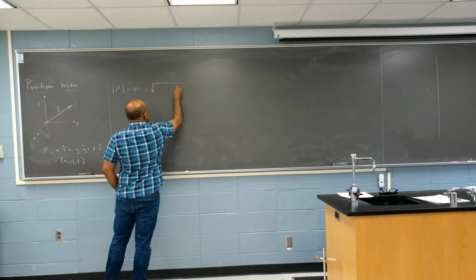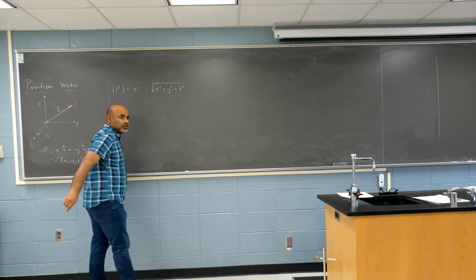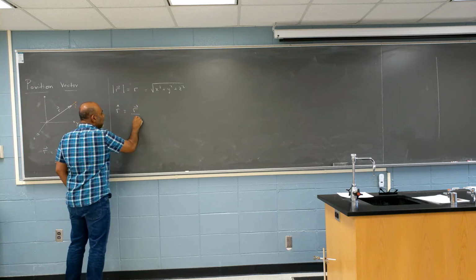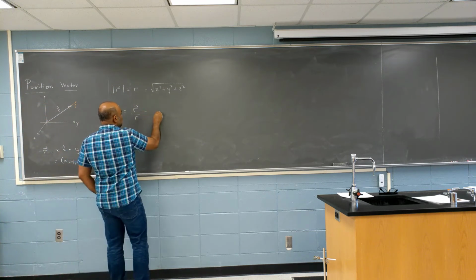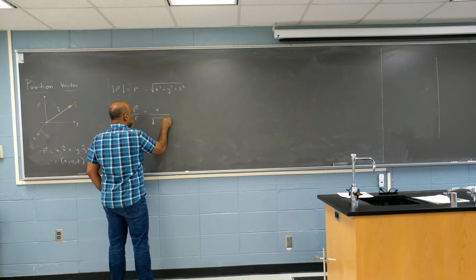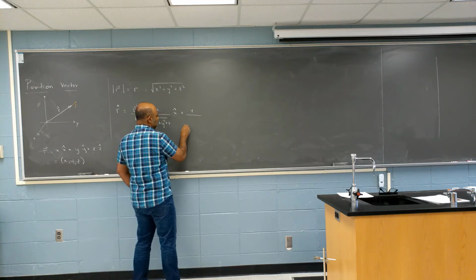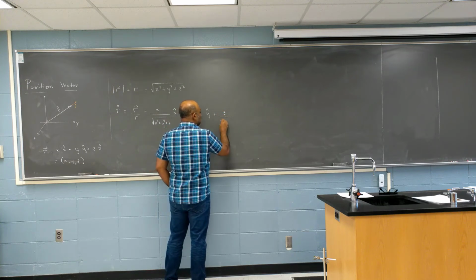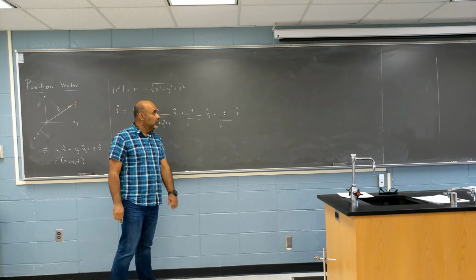If you're saying that very quickly, you guys do know what's going on. So, R hat is nothing more than R divided by the magnitude of R. So it is x over the square root of x squared plus y squared plus z squared, x hat, plus y over, because it's long and I'm also lazy, y hat, plus z over the same, z hat, where the exact square roots are repeated.